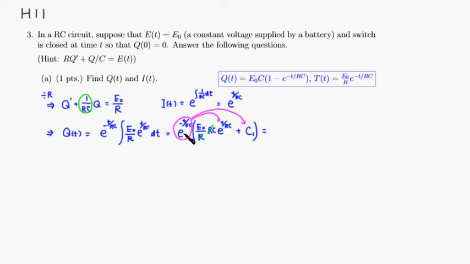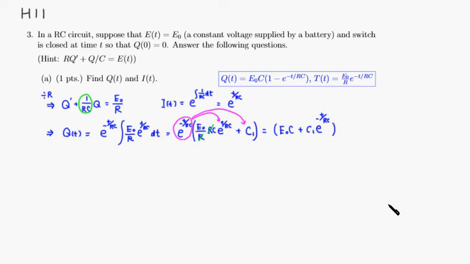All right, so if you distribute that, these are reciprocals of each other, so you're going to get 1. So you're going to get E0 C times 1, right? Plus C1 e to the negative t over RC.